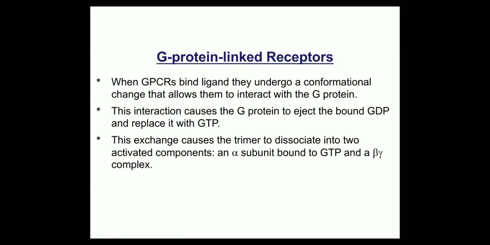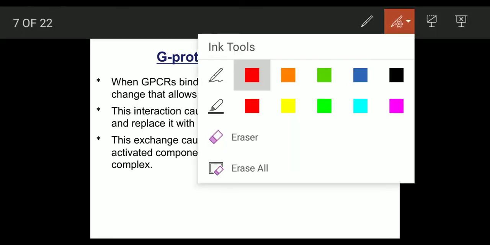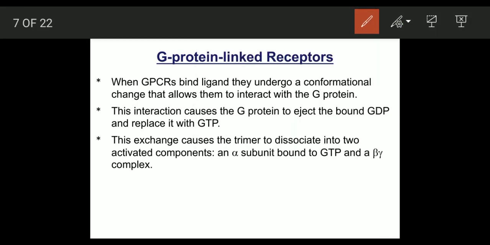Now let's see the G protein linked receptors. When GPCRs bind ligand, they undergo a conformational change that allows them to interact with the G protein. This interaction causes the G protein to eject the bound GDP and replace it with GTP, so that the G protein will activate.